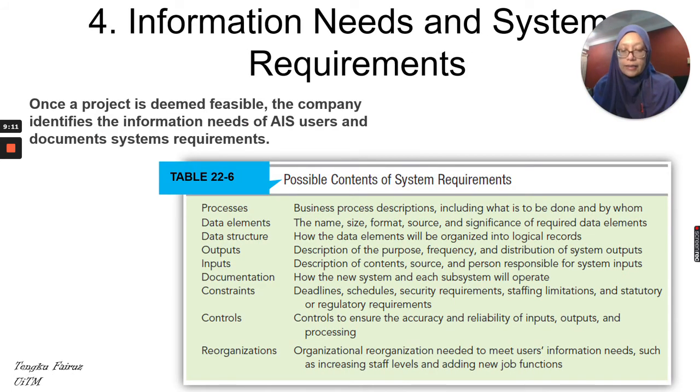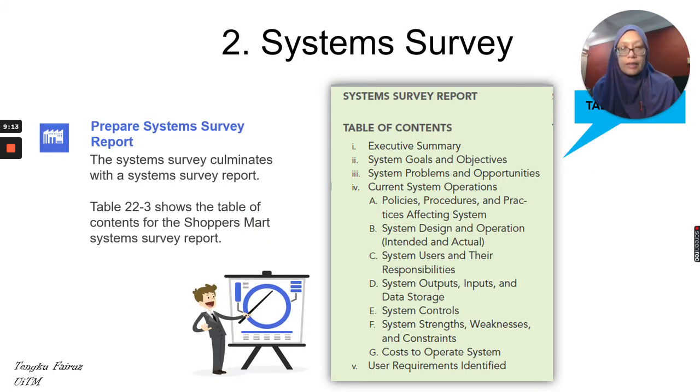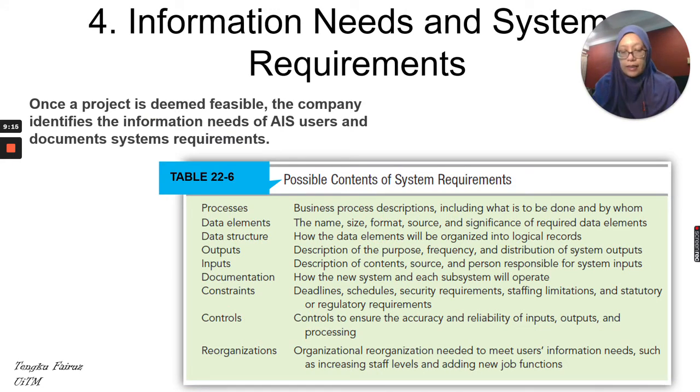And then the third step is actually the feasibility study, but we already discussed the feasibility study in the previous part, so I will not discuss it anymore in this system analysis. The same concept applies. And then step number 4 is the information needs and system requirements. Once the project is deemed feasible, the company identifies the information needs of the AIS users and documents the system requirements.